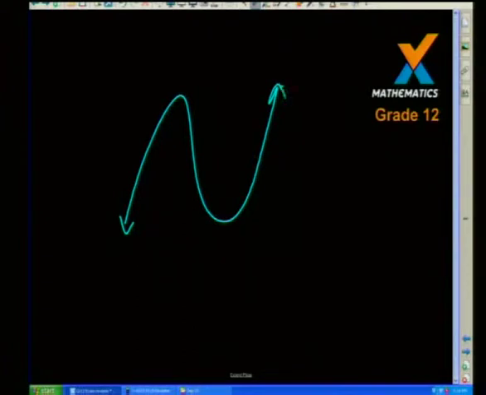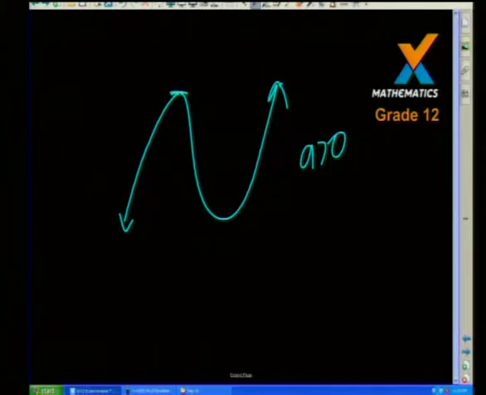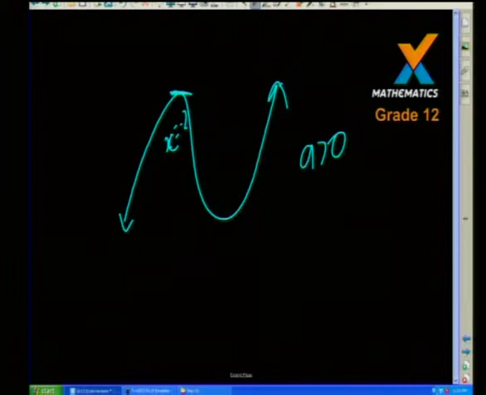So, this is because a is greater than naught, or you're looking at your derivative being a positive graph. And they want to know, why is it at x is equal to minus 2, how can we say that that is, or why is that a local maximum? Okay, so we can see that the graph is turning there at that point, and they want to know, why is it a local maximum?